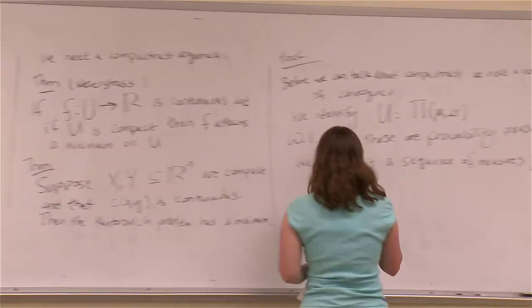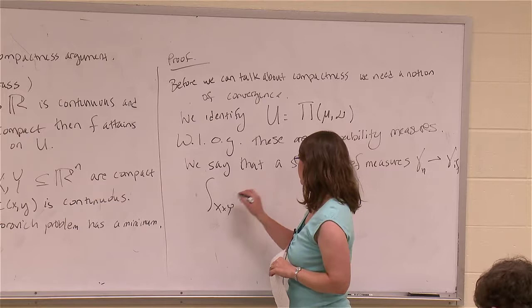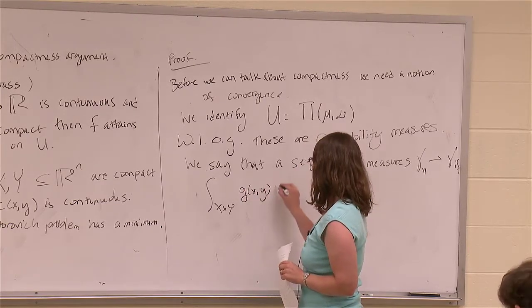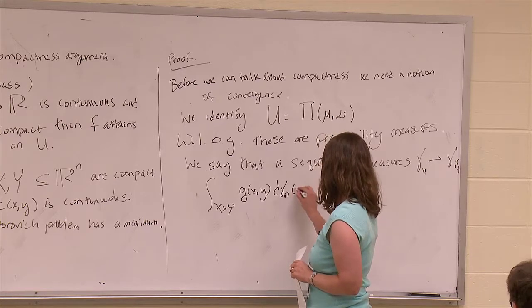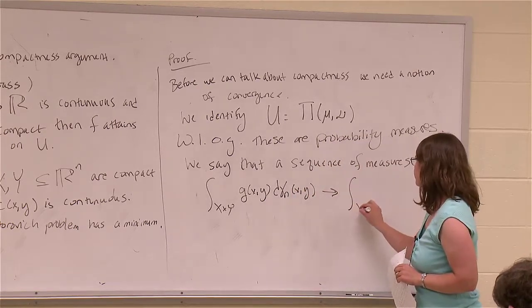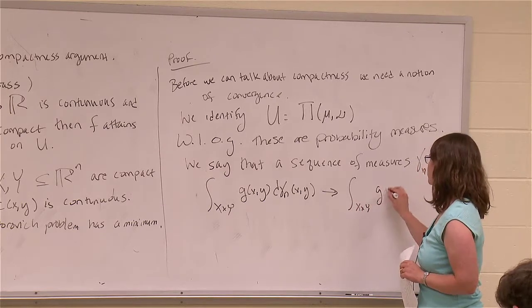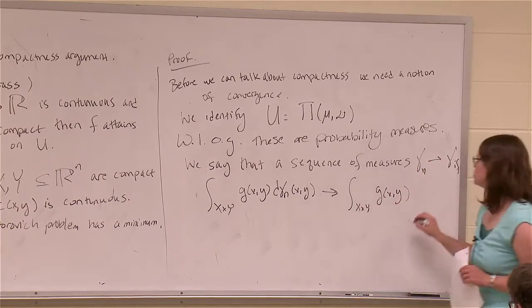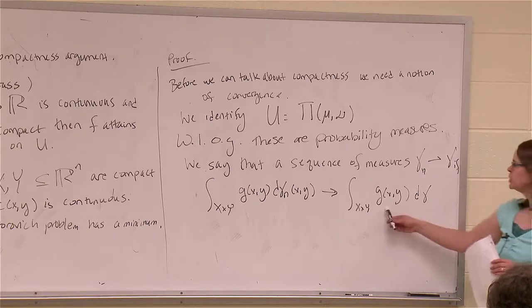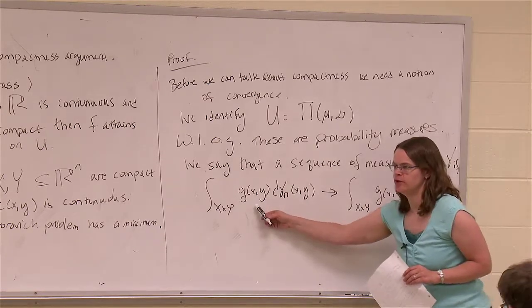So we're going to say that this is true if the integral of g(x,y) d gamma_n converges to the integral of g against my limiting measure. And this has to be true no matter what continuous function I put here.